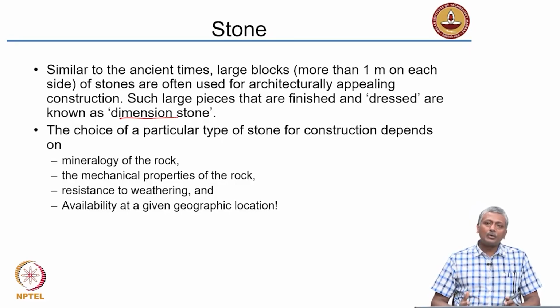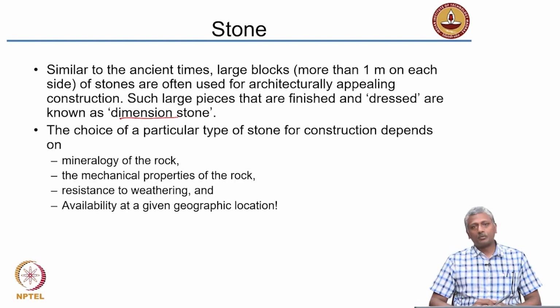So, how do you decide on what type of stone to use? Okay. There are various factors that govern the choice of a particular stone for construction. First is the mineralogy of the rock. What is the type, the geological type of the rock? Is it a granite? Is it a limestone? Is it a quartzite? Is it a sandstone? Okay. Now, for obvious reasons, you will also restrict the usage of the stone to what is available in the local area, right?